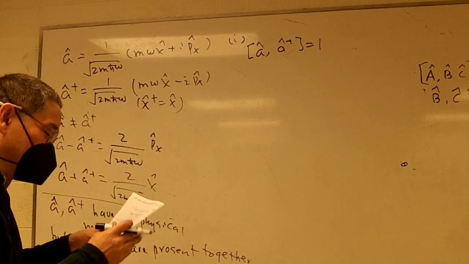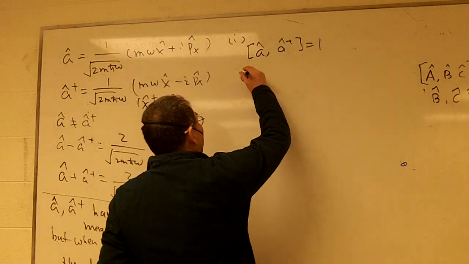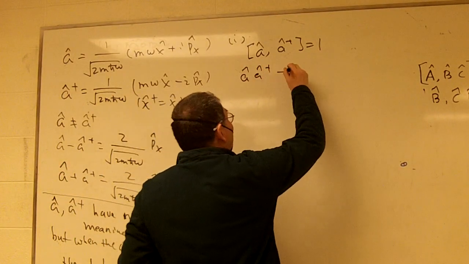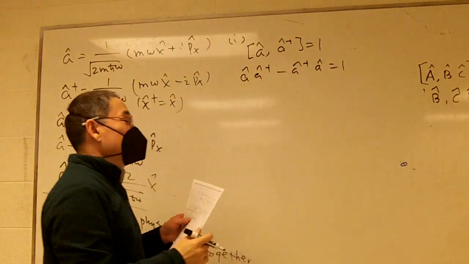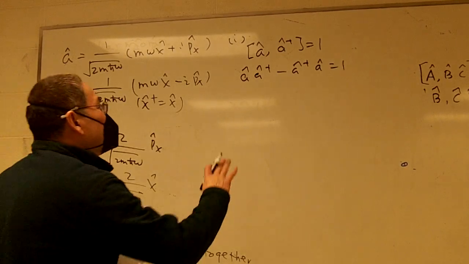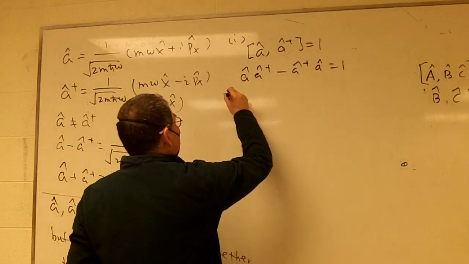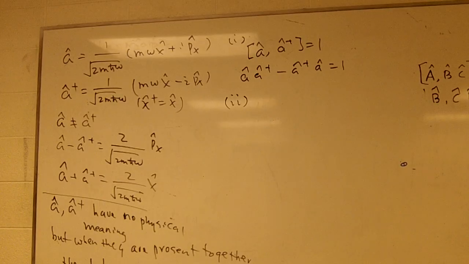In other words, a a dagger minus a dagger a equals 1. So this is the first important relation between these two. There are a whole bunch of other relations which we won't cover, and they are left as exercises for the homework.